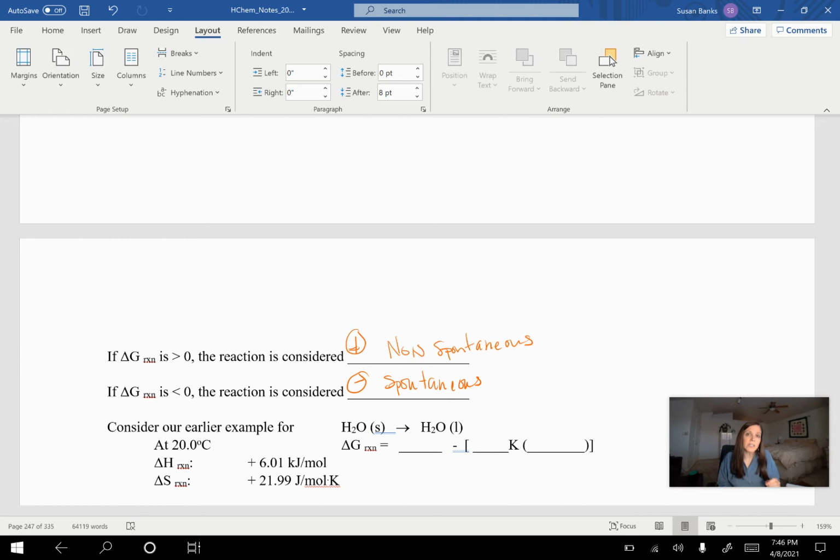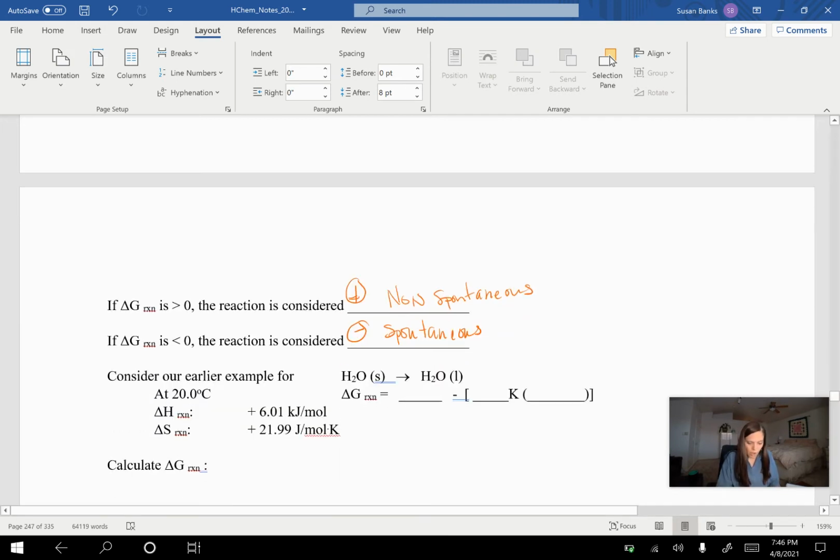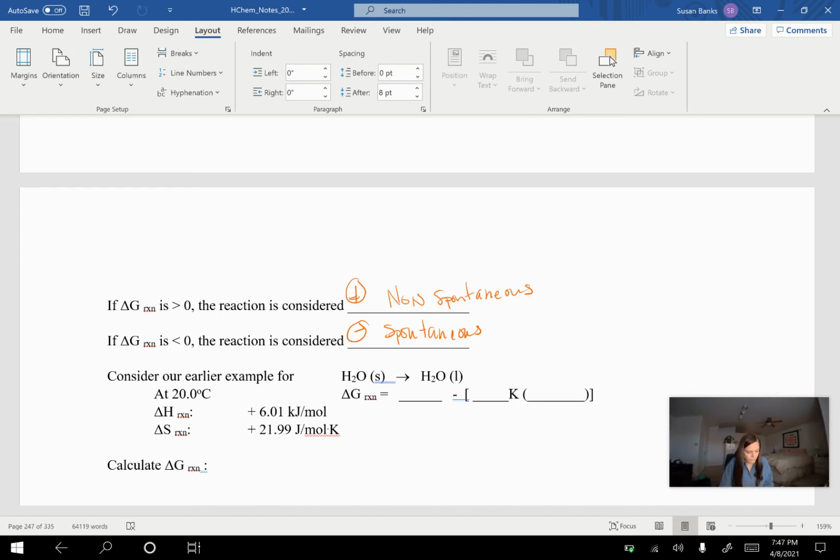Okay, so we're going to consider our earlier example. We have water that is at 20 degrees Celsius. The first thing we have to do is figure out what 20 degrees Celsius is in Kelvin. Remember, to figure out Kelvin, we take Celsius and we add 273.